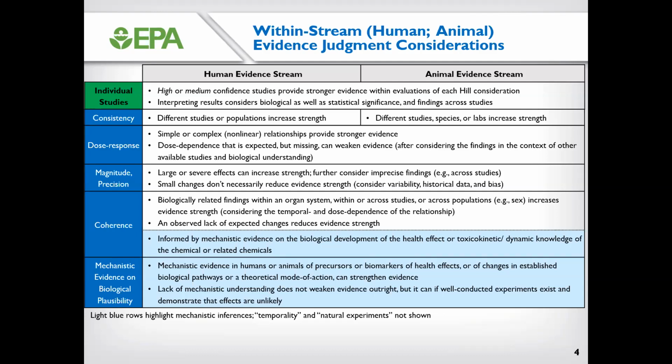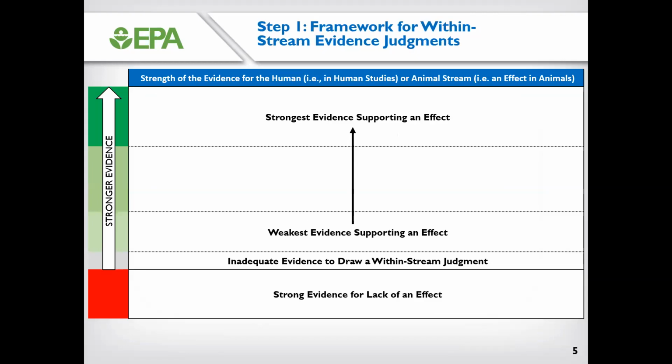So on the next slide, we really think of the strength of the evidence as a continuum from, really the evidence is inadequate to draw any kind of solid judgment, up to the strongest possible evidence that we could have that supports an effect. And so we have a structured framework to determine the strength of the evidence.